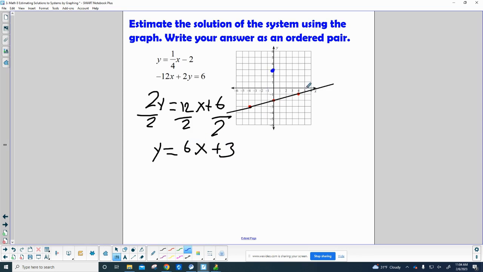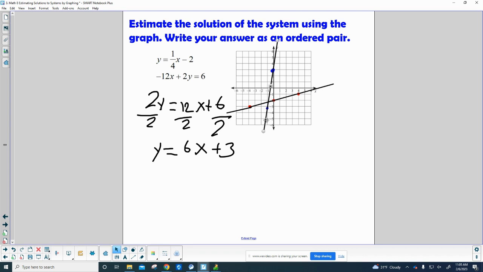Then, can't go up 6, so we're going to go down 1, 2, 3, 4, 5, 6, and back 1 to get our slope of 6. Let's draw a line then. Between those 2 points, we're going to sketch a line. And we'll extend it out just a little bit to make sure we've got a pretty accurate line that runs through those 2 dots.